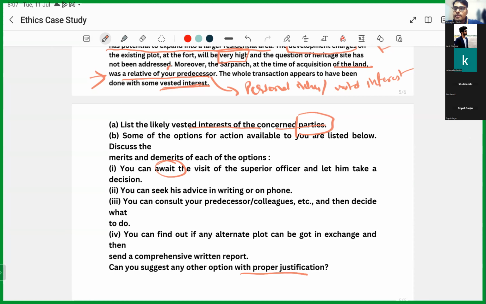Anyone? I hope you guys have read ethics by now, no? Might be duty. Okay. I'm talking about the ethics, deontology or teleology, whatever it is. Anyone?